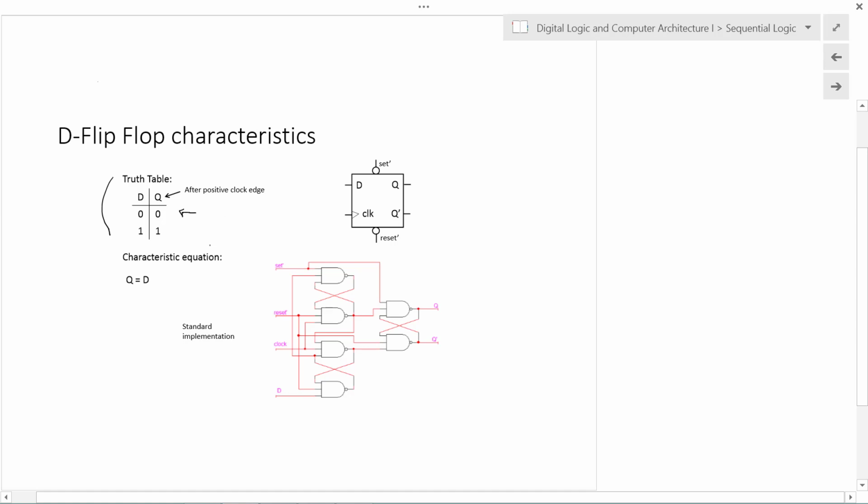If D is equal to 0 at the rising clock edge, Q will equal 0. If D is equal to 1 at the rising clock edge, Q is equal to 1. The characteristic equation of the D flip-flop is Q equals D. And a standard implementation is shown here in 7400 logic.